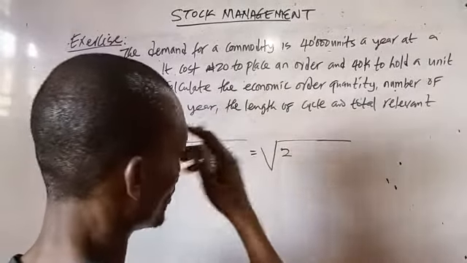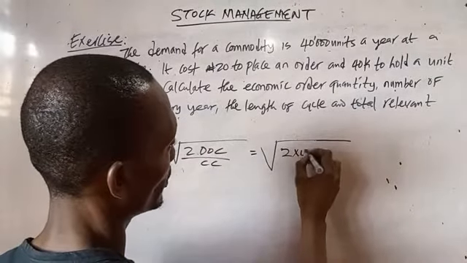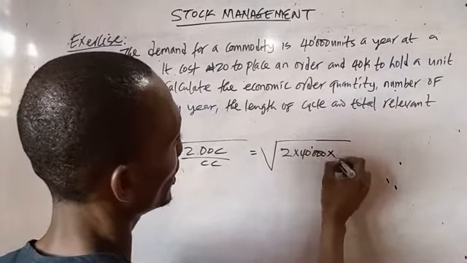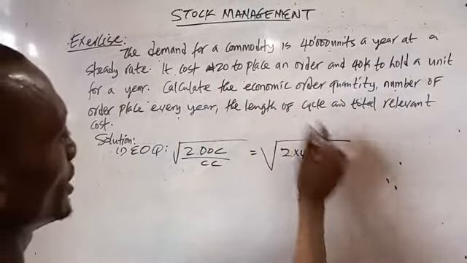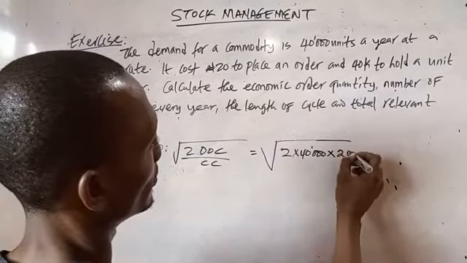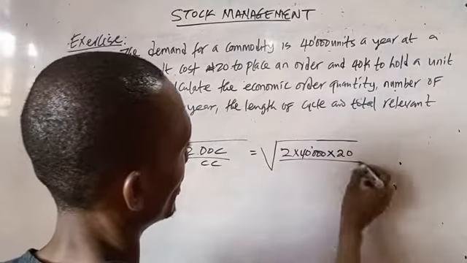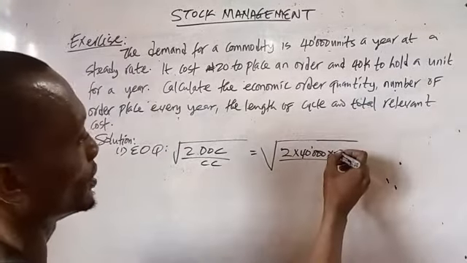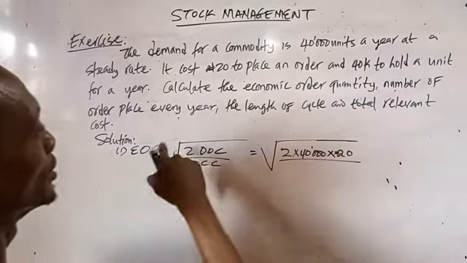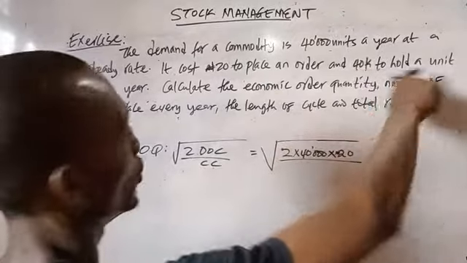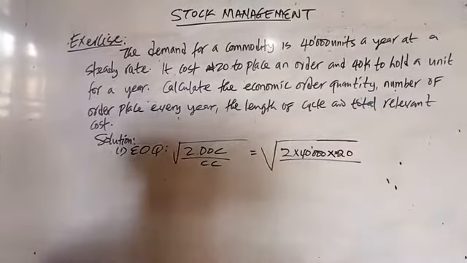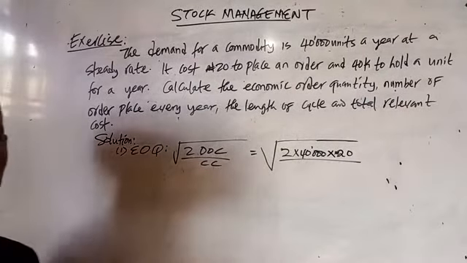So we have 2 times 40,000 times the ordering cost. It costs 20 naira to place an order, so 20 naira, all over the carrying cost. And 40 kobo to hold a unit, so you can call it holding cost or carrying cost.